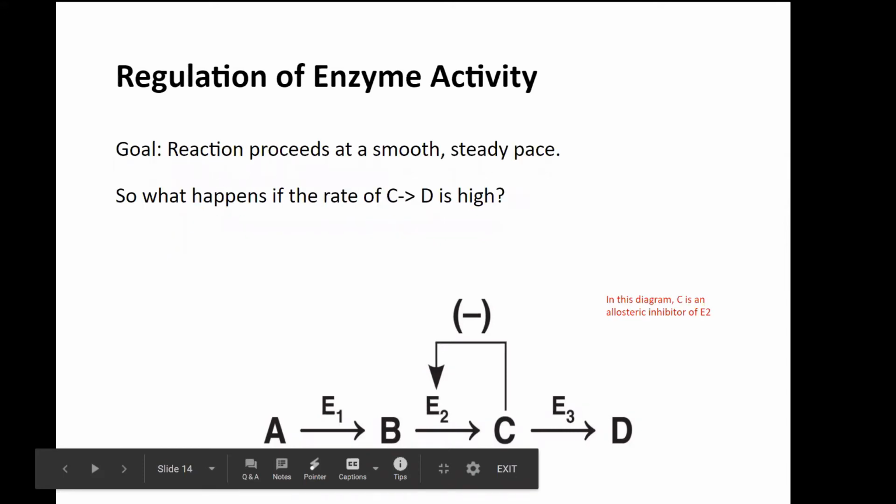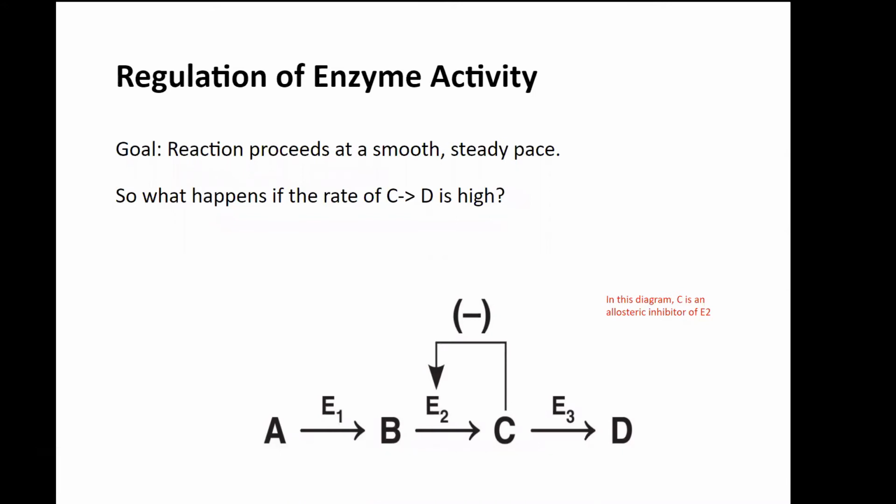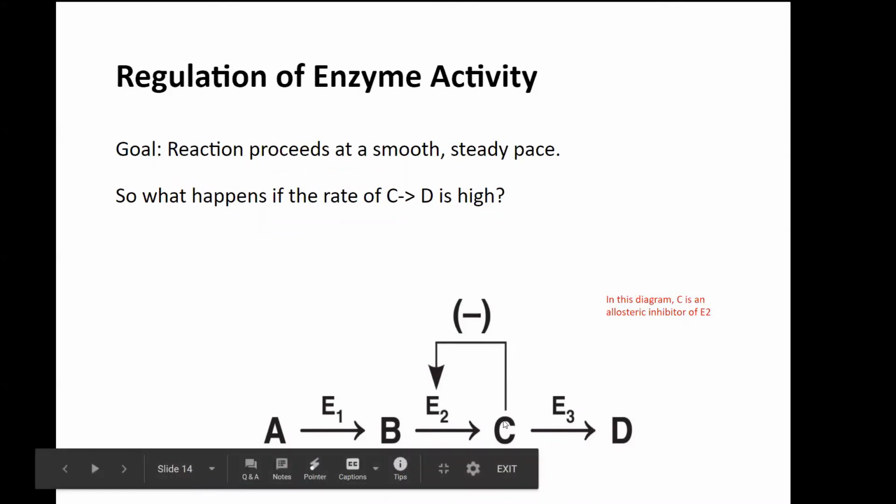Okay, so our goal of this regulation is to proceed at a smooth, steady pace. So we want to think for a second about what would happen if the rate of C to D were really high. So like if C is really quickly being turned into this molecule D, what's going to happen here in the middle with this negative feedback loop?